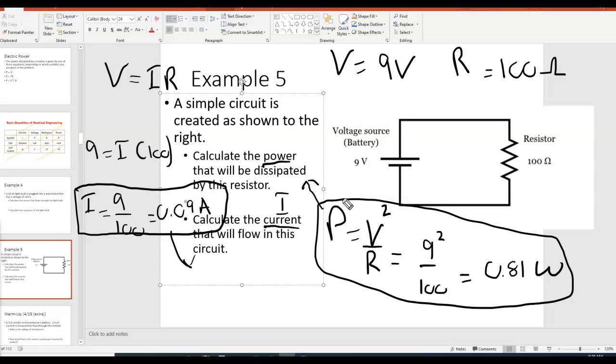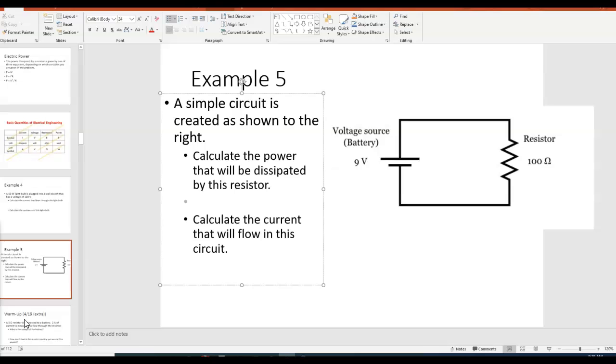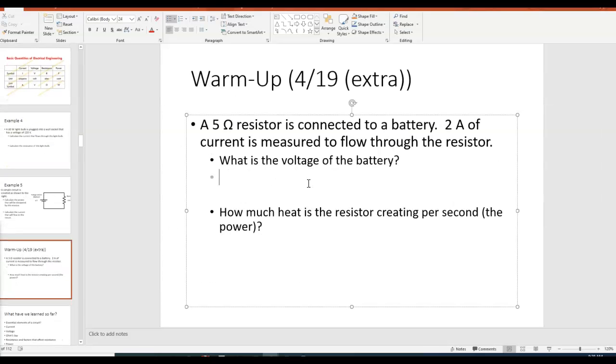So again, pause it here if you need to look over that. Okay, so I'm going to erase this. Now I want you to try to do this one on your own. Pause it here and try to see if you can answer both of these questions on your own.